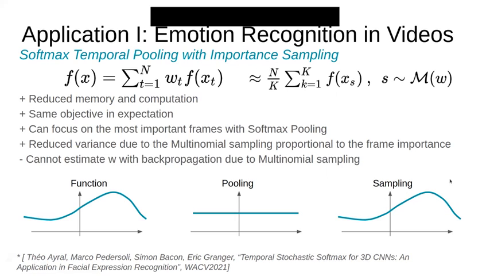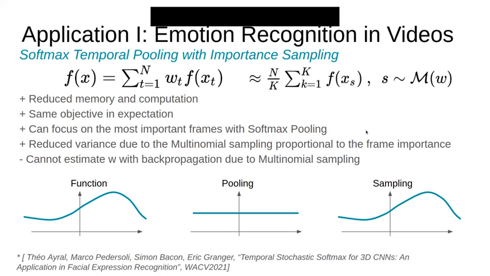What this means in practice is exactly using importance sampling. Instead of sampling uniformly, we can sample more where we think the part of the video in which the expression, in this case the motion, is more likely to be.